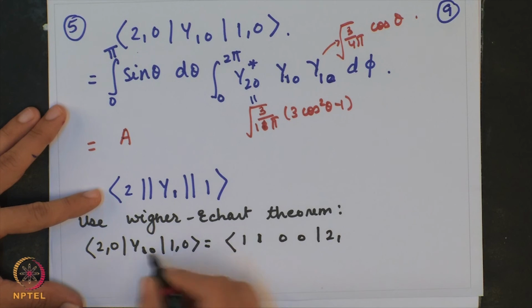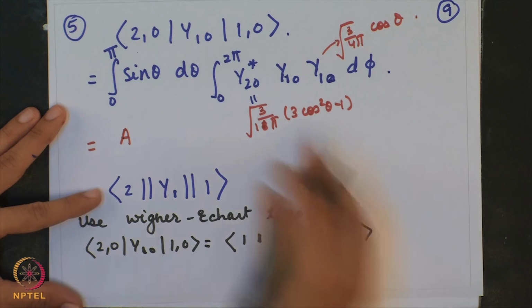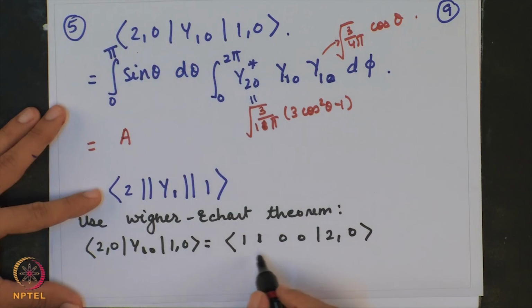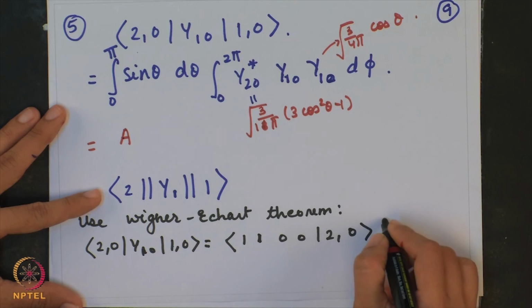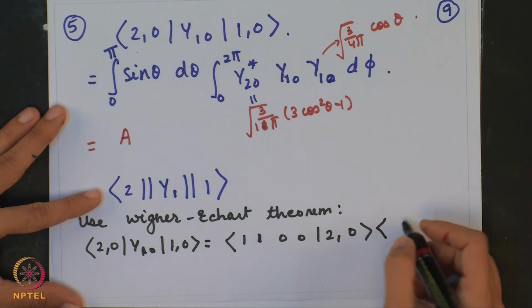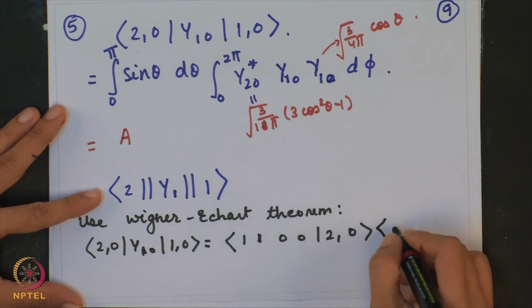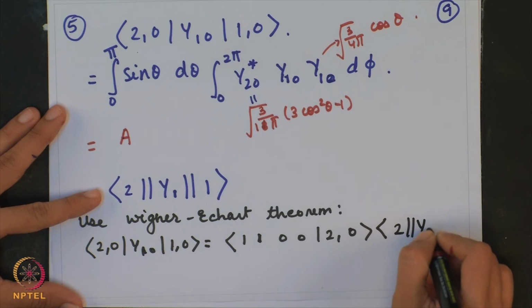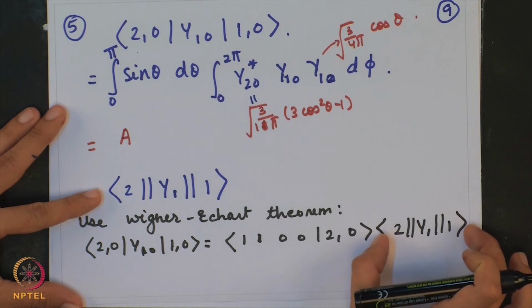So, here we have 1 0, and this is 2 0. This is the term, it has got flipped, just do not bother about it. So, 1 1 0 0 2 0, I have just flipped it, it does not matter if you flip the terms, it will not change the result anyway. <2||y||1>, this is the term which you need to evaluate.